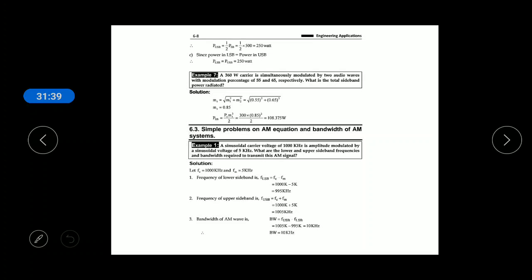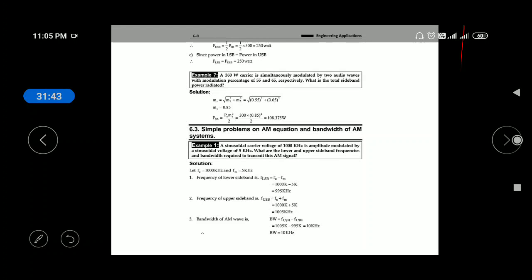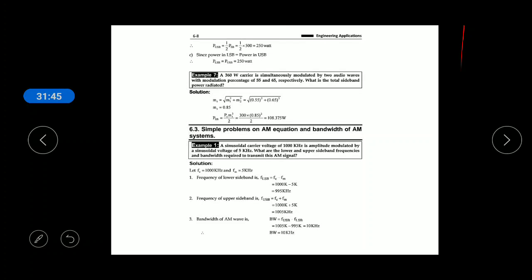For total sideband power, there are two formulas. One is total power minus carrier power, but in this case you don't know the total power. That is why you should substitute the direct formula for sideband power. The formula for sideband power is PSB equal to Pc into m square by 2, where m is the resultant or total modulation index.